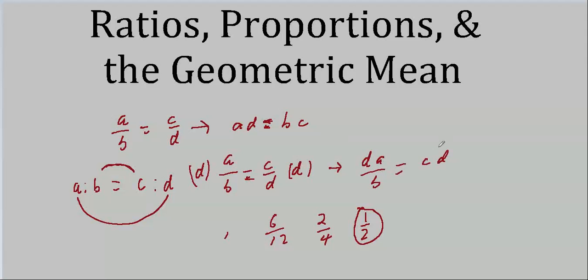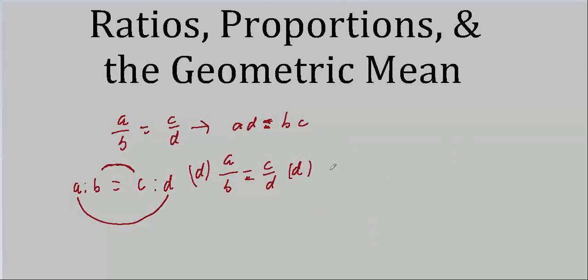Now, how about we do the same thing with B? We multiply both sides by B. I was getting a little too sloppy.